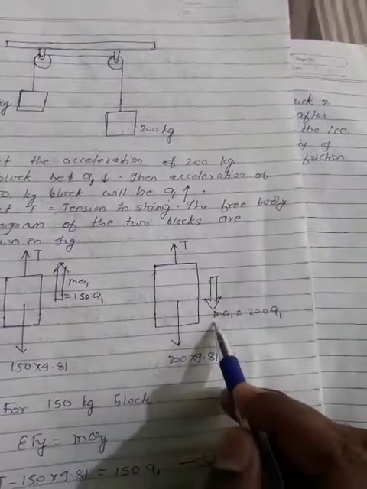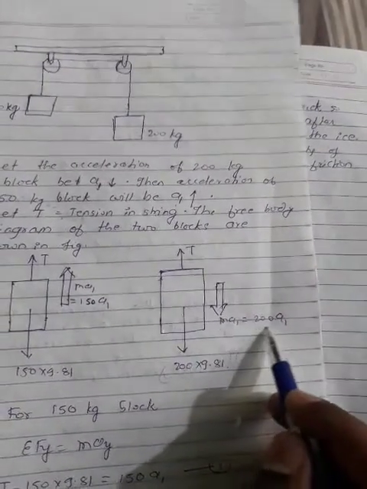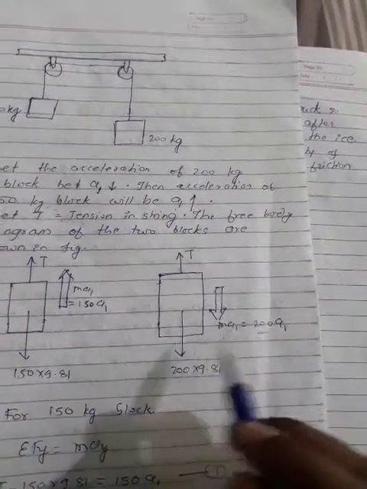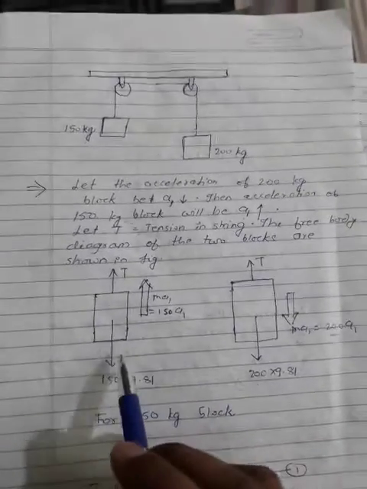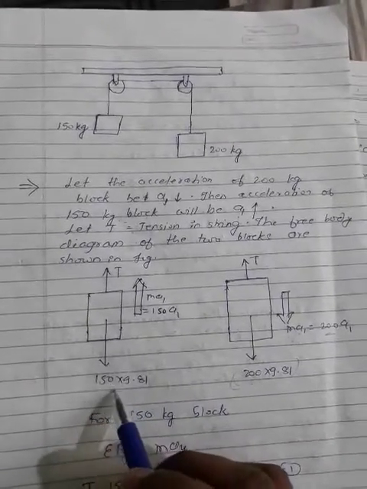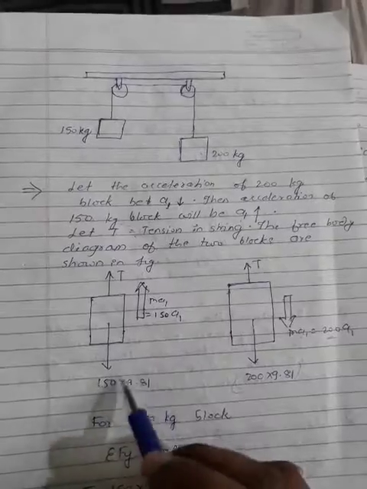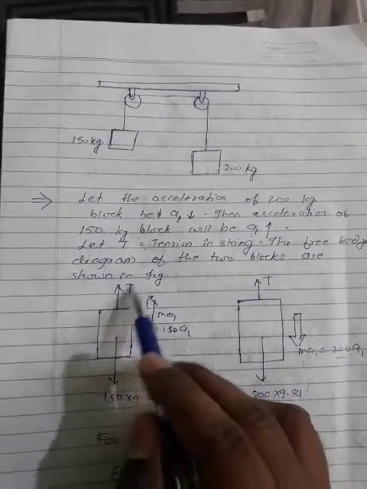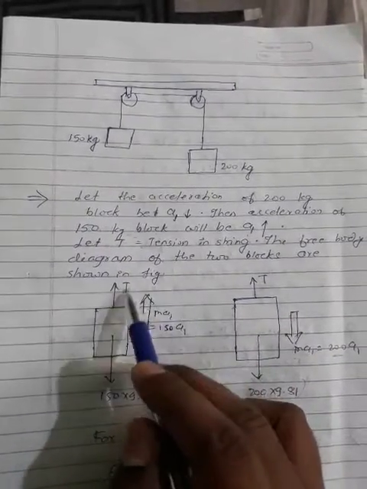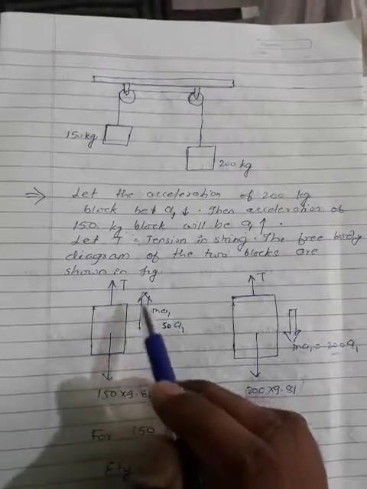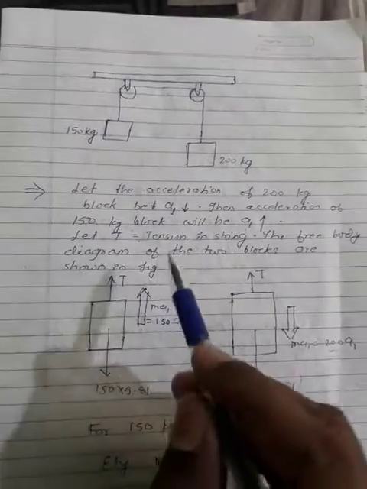Now the motion m into A1, so m is 200 into A1, in the downward direction. Now I come to the 150 kg block, so its weight 150 into 9.81 will act in the downward direction. Again it is connected by a string, so it will be in tension. Motion of the 150 kg block will be in the upward direction, as the 200 kg moves downward, so 150 into A1.